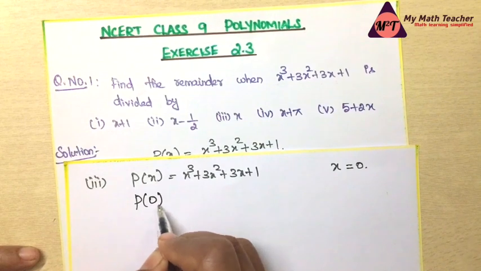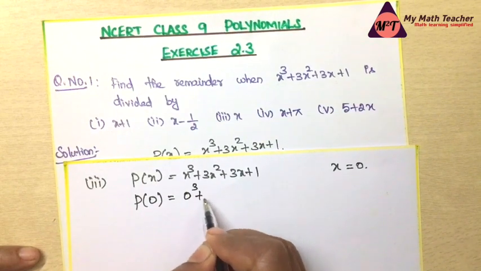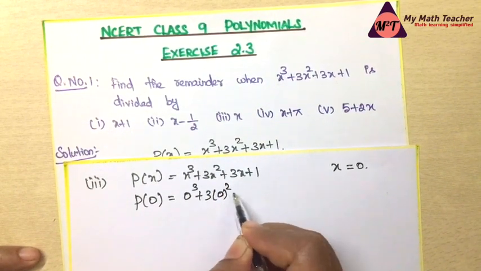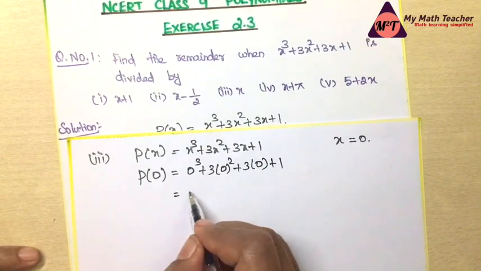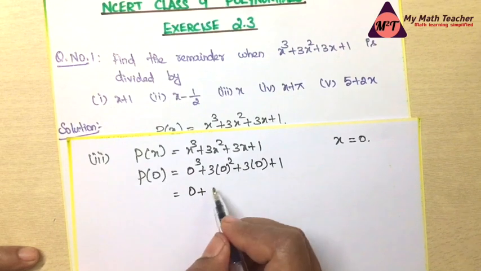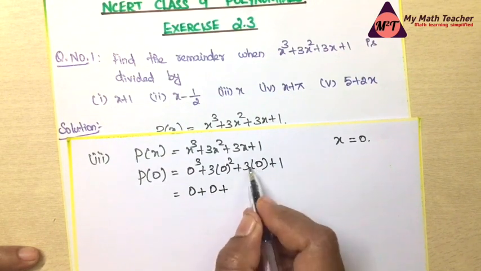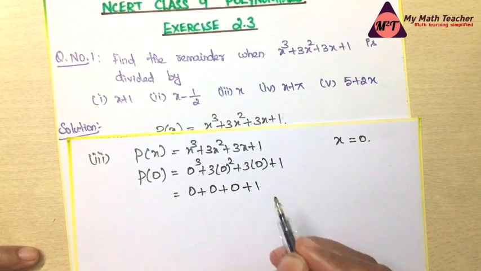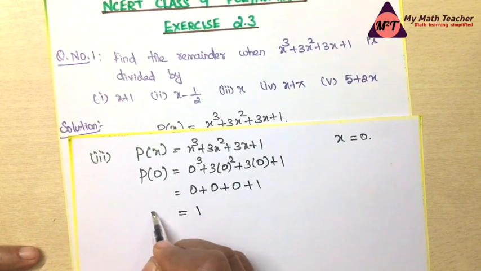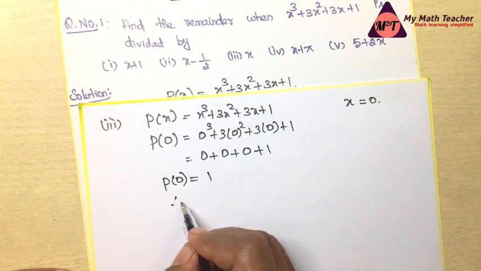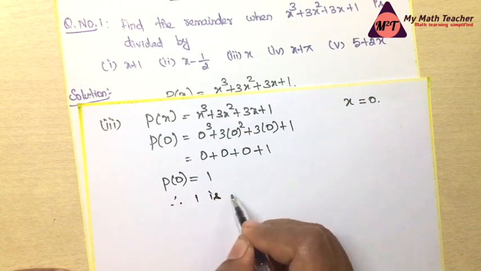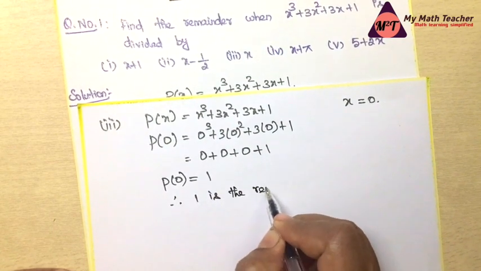P of 0 is equal to 0 cube plus 3 into 0 square plus 3 into 0 plus 1. Now 0 cube is 0. 3 multiplied by 0 will be again 0 as well. 3 into 0 is 0 plus 1, which is 1. P of 0 is 1. So this is the remainder. Therefore, 1 is the remainder of P of x.